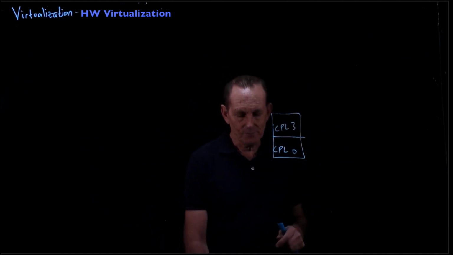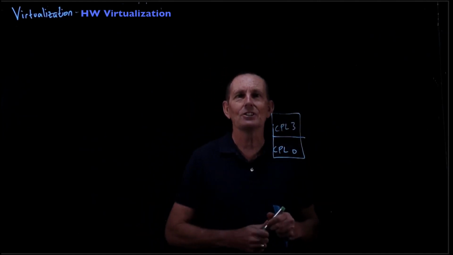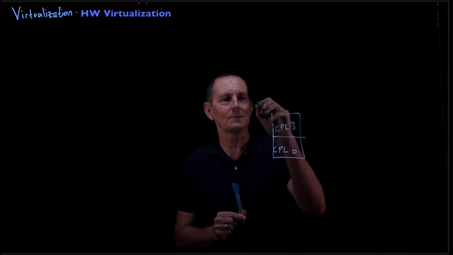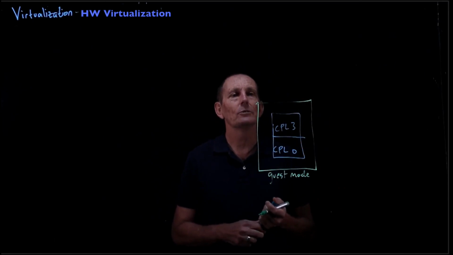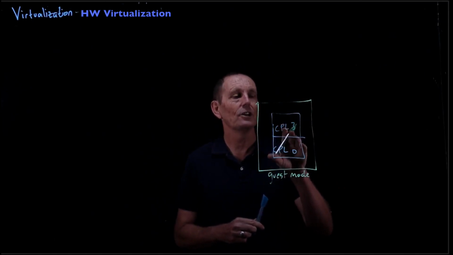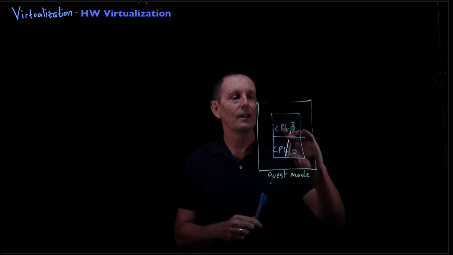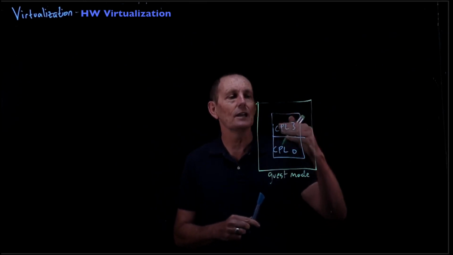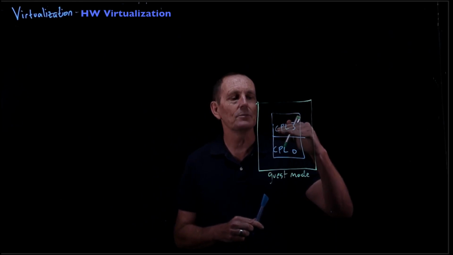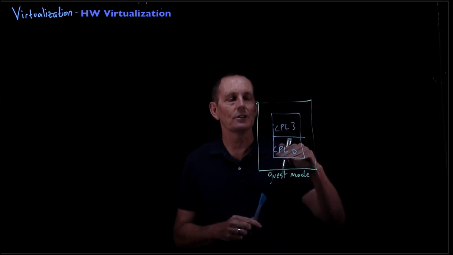However, this is packaged up into a guest mode. So really we're in this situation where we've got the guest kernel that can be running in CPL0 and the rest of the code can be running in CPL3, and you can arrange it so that traps from CPL3 go into CPL0 and so on.